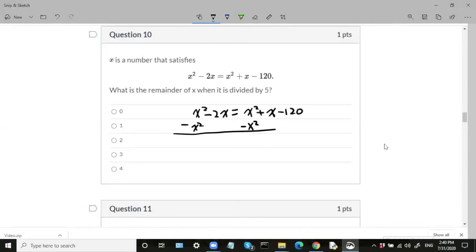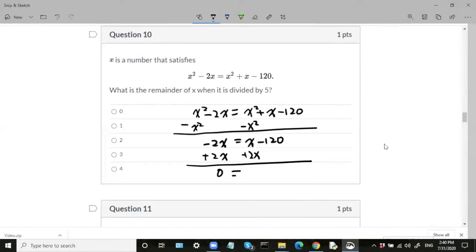So then we have negative 2x equals x minus 120. Then we can add 2x to both sides, so it becomes 0 equals 3x minus 120. So we add 120 to both sides.